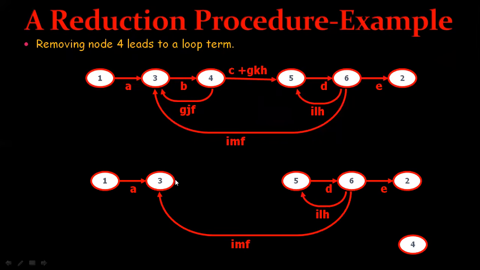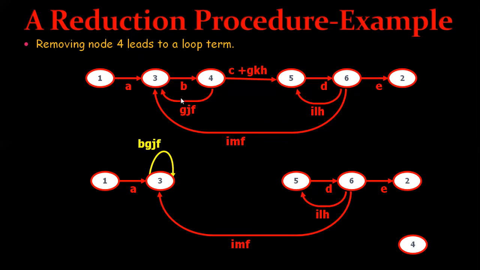So there will be a link from 3 to 5. Similarly, there is a link from 4 to 3. So first 3 to 4, 4 to 3. So this is C. Starting from 3, 4, again going to 3. So this is a loop. This is a self loop. So after removing node 4, I will get here a self loop, which is B, G, JF.